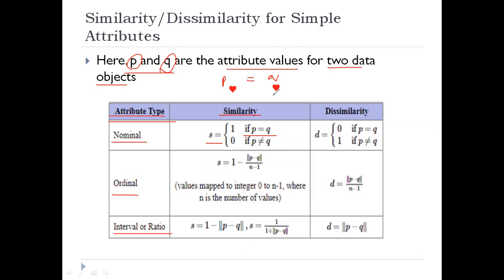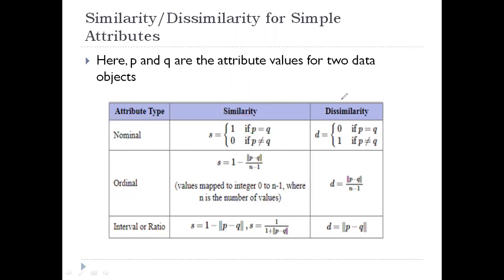Because P is a heart symbol, Q is also a heart symbol, then we would represent it by 1. Clear? And coming to the second one, if P is not equal to Q, then it would be represented by 0. That is the similarity measurement of the nominal attribute here.